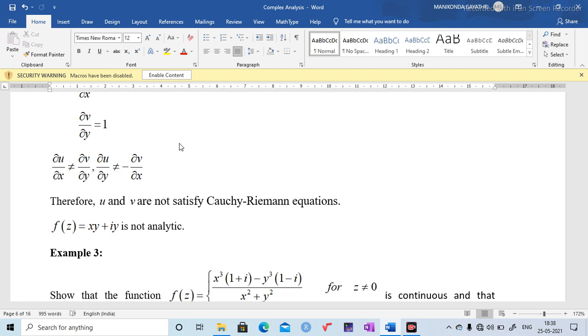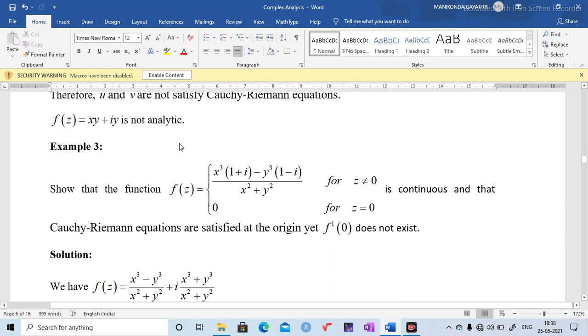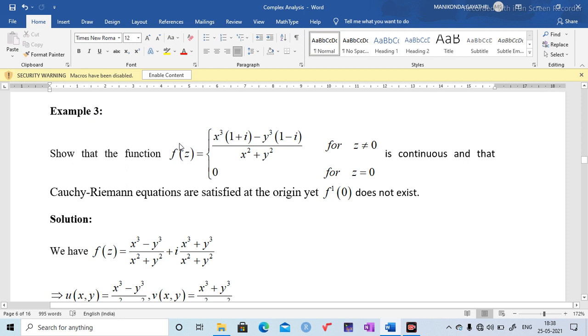Therefore it is not an analytic function. Next question. Example 3. Show that the function f of z equal to x cubed into 1 plus i minus y cubed into 1 minus i by x square plus y square, when z not equal to 0, and equal to 0 for z equal to 0, is continuous.